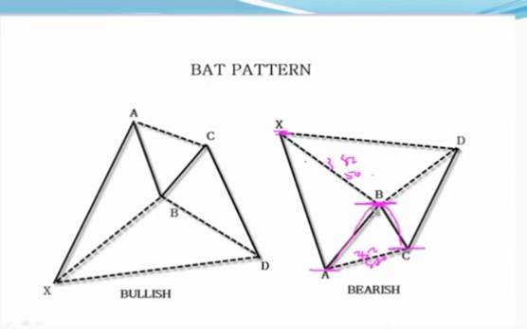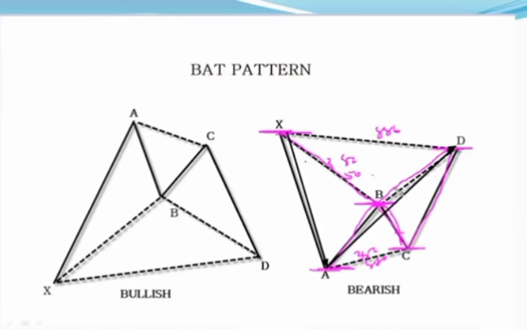So from A to B down, you can get a 382 to 886 retracement of that swing. As long as this criteria is holding, we then look up at the criteria coming up into D. D would be an 886 of the X to A swing up. So let's take that little swing here, down here, up 886% of that swing. And that would be your bat pattern.